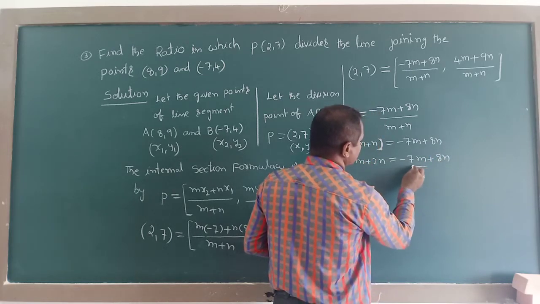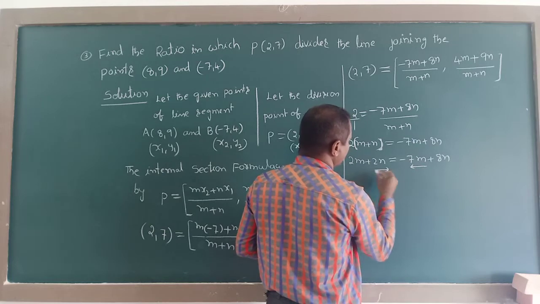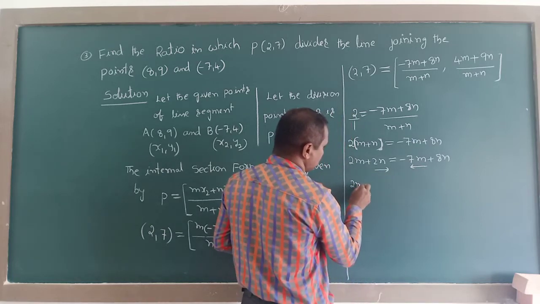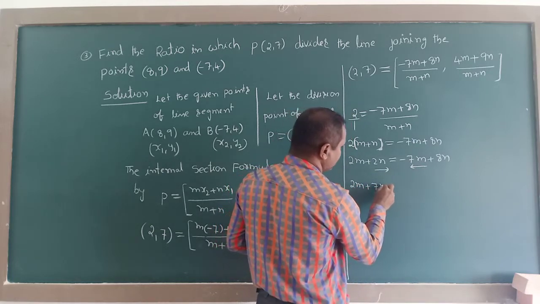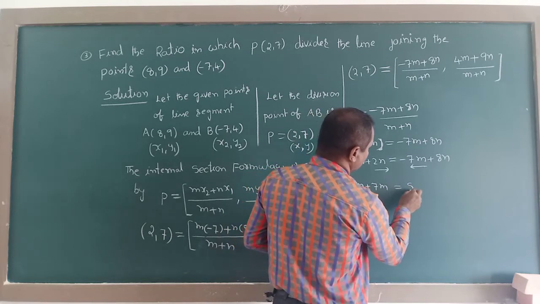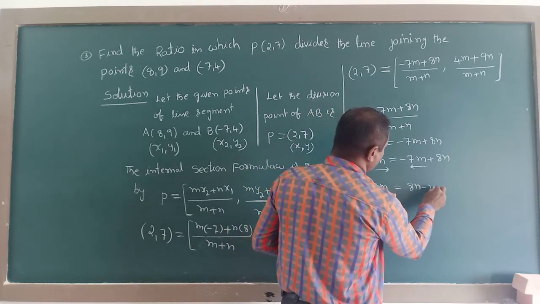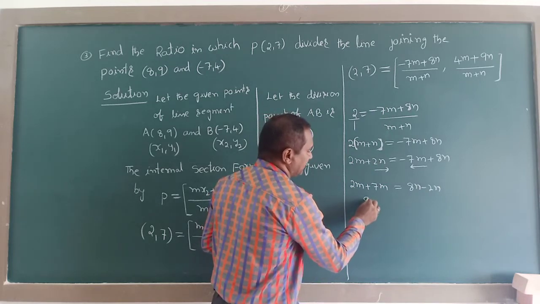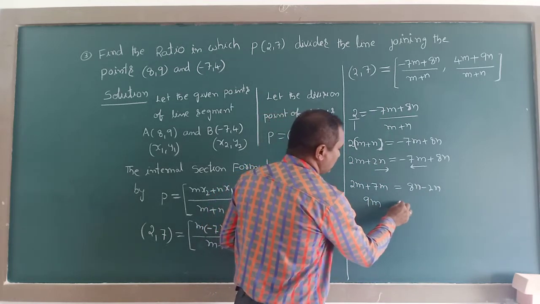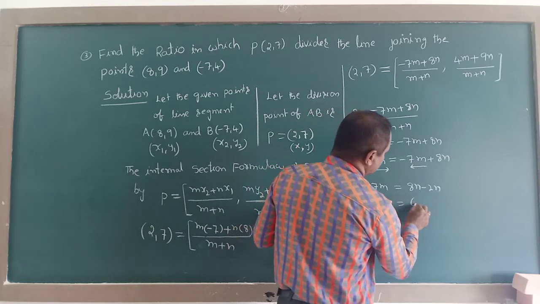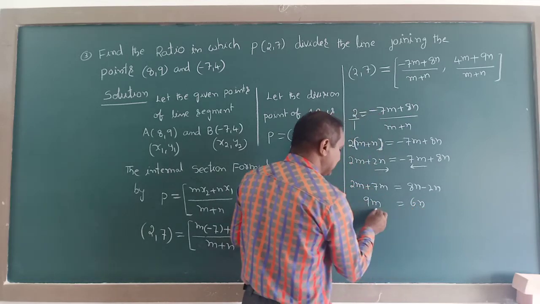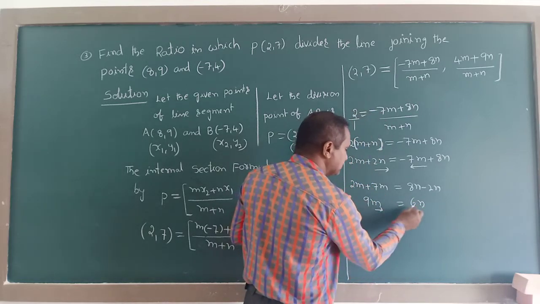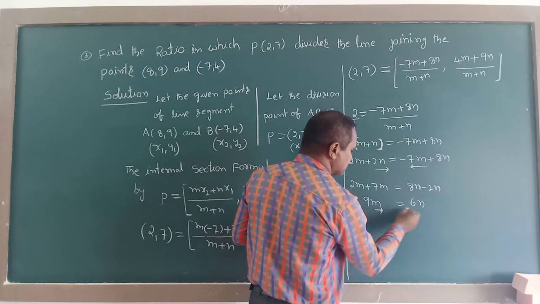Send -7m to this side and 2n to that side: 2m + 7m = 8n - 2n, so 9m = 6n.